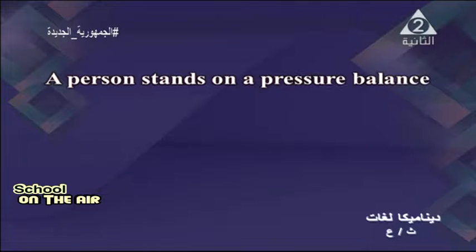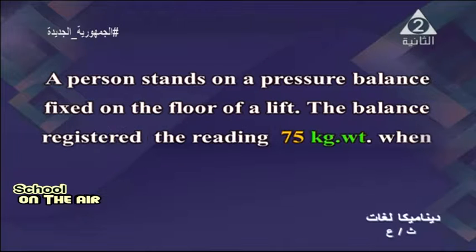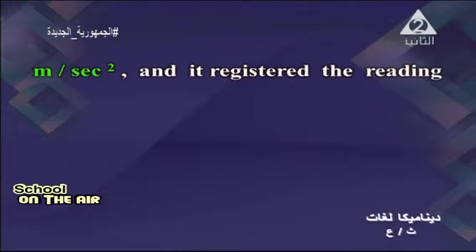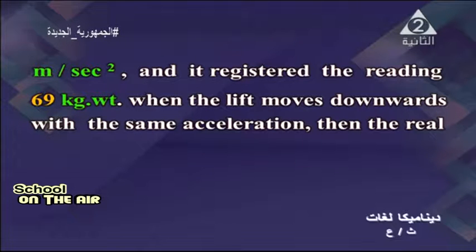Another question. A person stands on a pressure balance fixed on the floor of a lift. The balance registered the reading 75 kilogram weight when the lift moves upward with acceleration equals a meter per second squared, and it registered the reading 69 kilogram weight when the lift moves downward with the same acceleration.